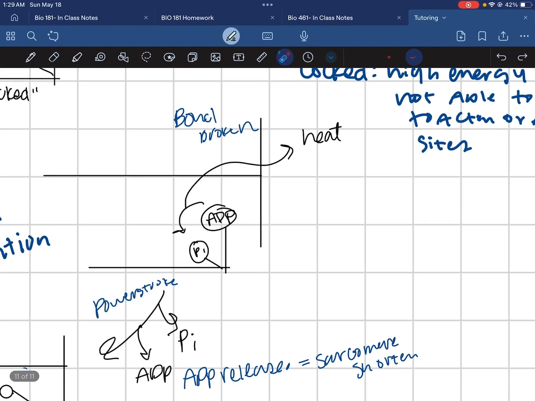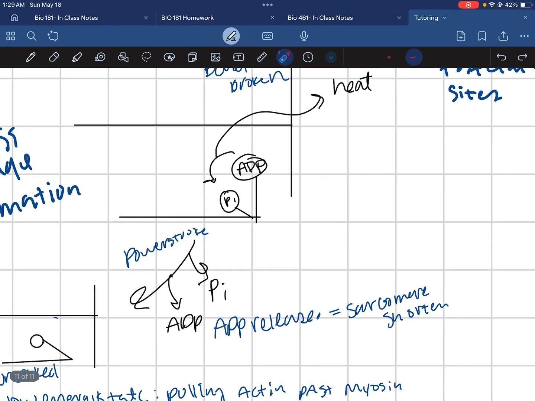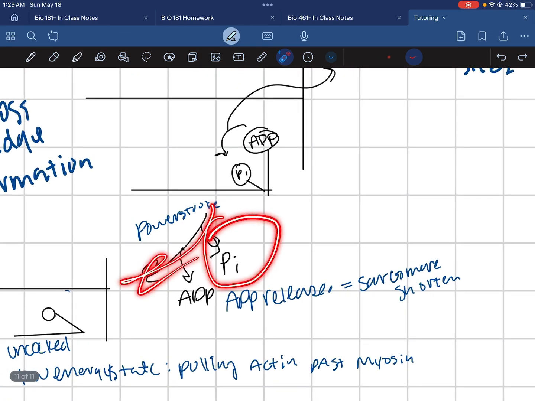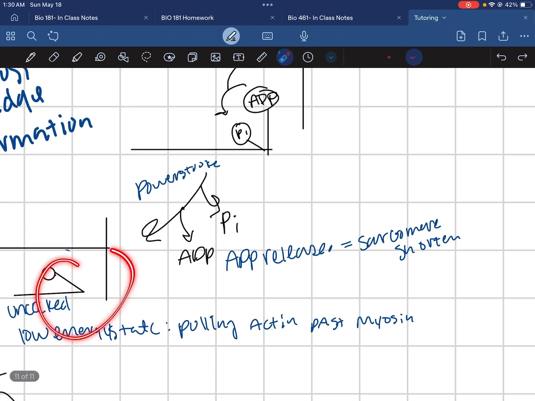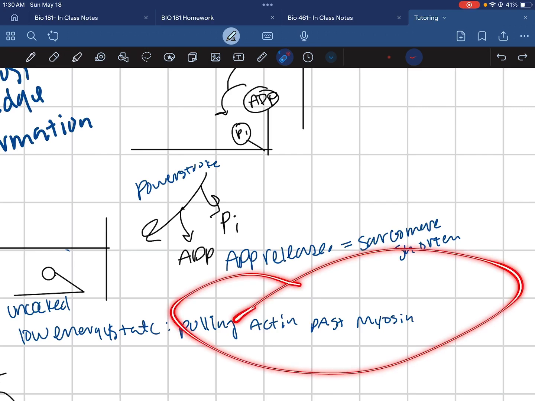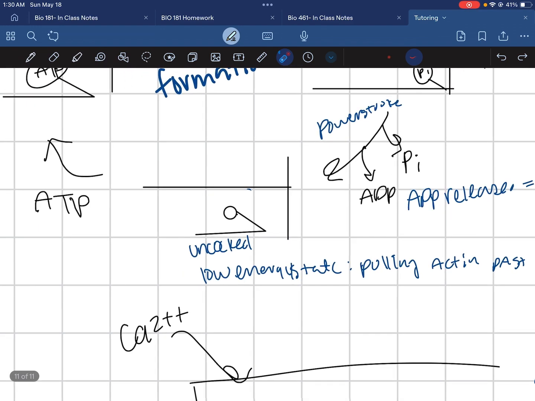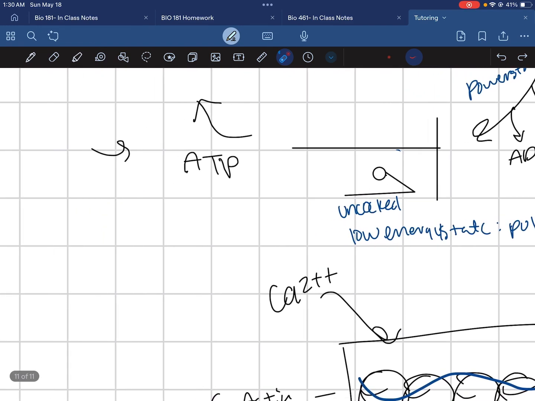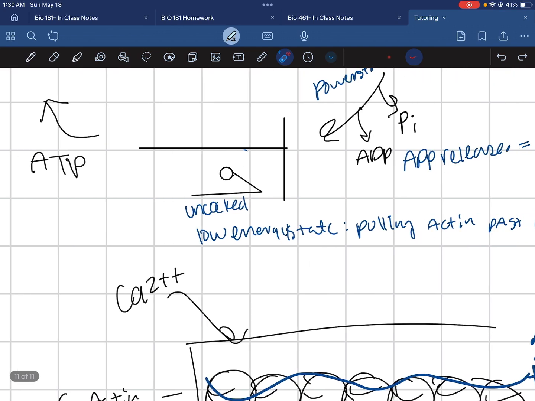And then we have the power stroke, which is the removal of this inorganic phosphate, which causes the myosin head to basically hinge or become uncocked, returning it to its low energy state, which is basically pulling actin past myosin. And then ADP is also released in this.